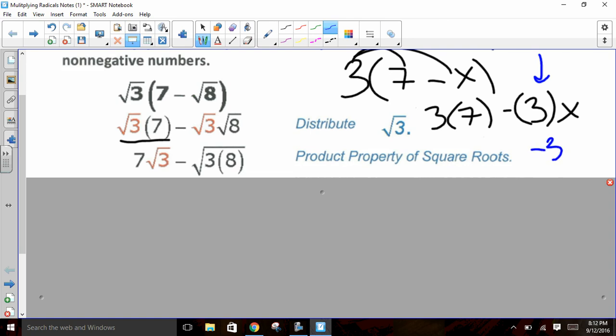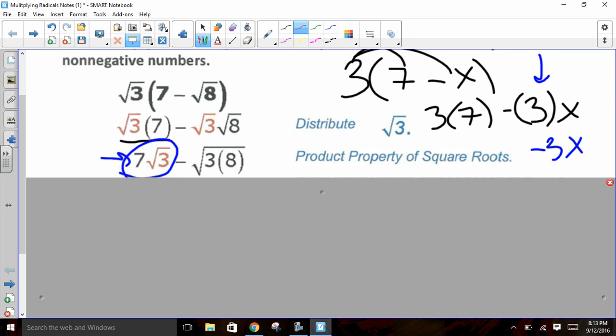I just stick them together with my number first, number being my regular constant. Same idea over here. My 7 and my 3 are not the same type of number, so I write my 7 with that square root of 3. So this first part here is like the second part on my example.